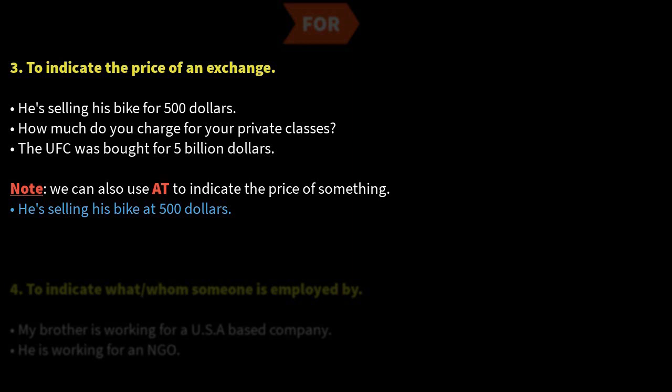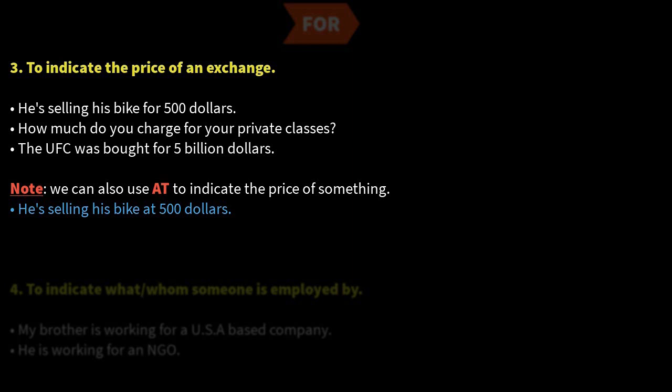How much do you charge for your private classes? Talking about the price, asking about the price of your private classes. The UFC was bought for $5 billion, talking about the exchanging price. So that's usage number 3.